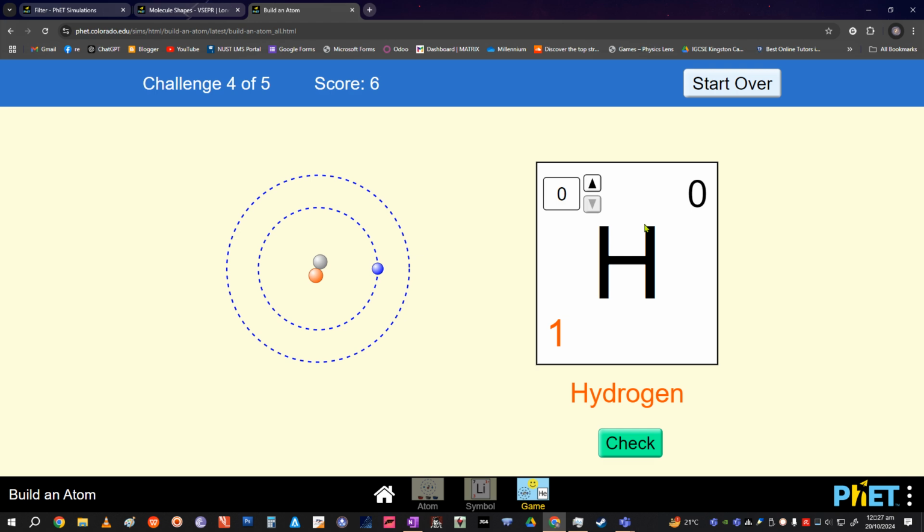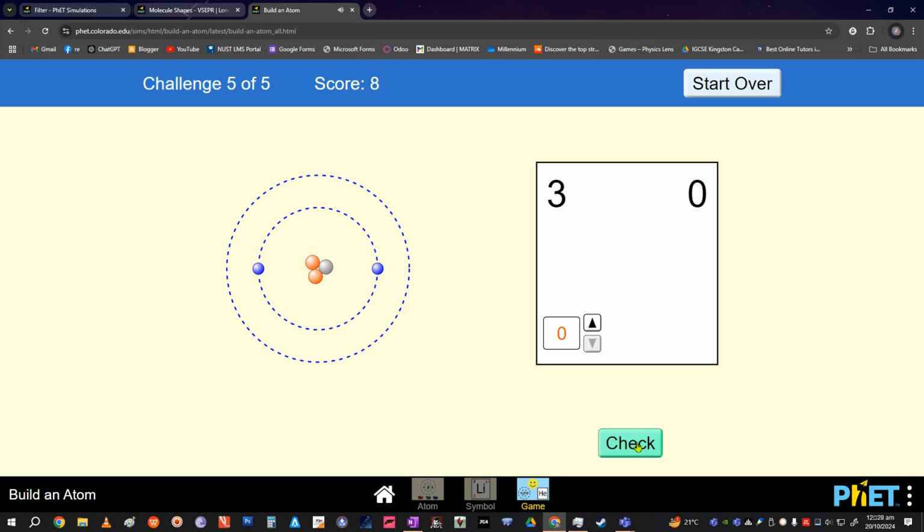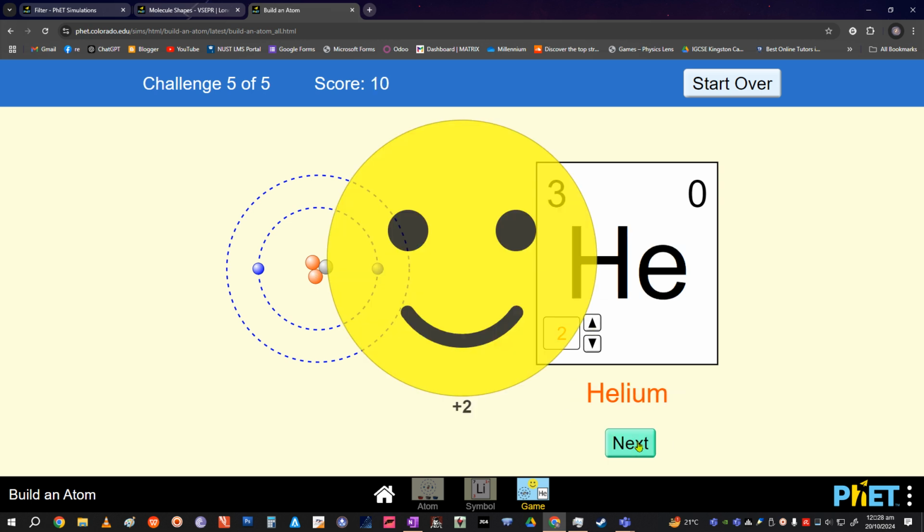Last. What's missing now? Yes, because 0 would have no element, right? Okay. So what is it now? 2, because 2 protons.